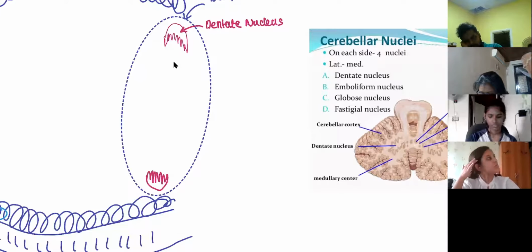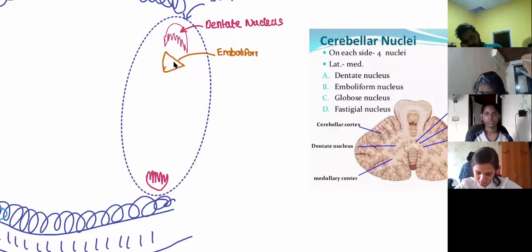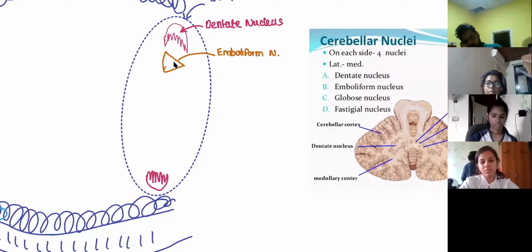The way I remember this is because it's called the emboliform nucleus. Remember wedge-shaped infarctions which occur due to emboli? Cardiology, that is.